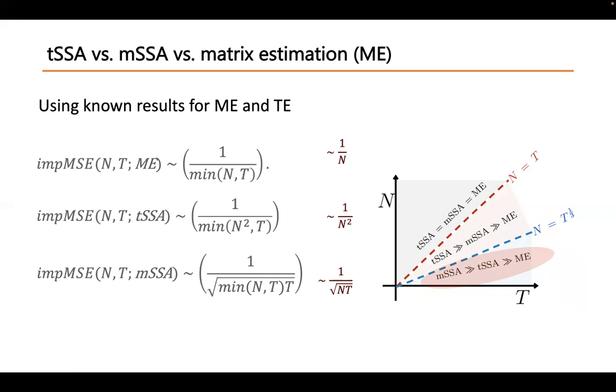And matrix estimation, where you just do matrix completion or matrix estimation on the original time series of data, will have a rate of 1 over N. Now, if N is a lot larger than T, then actually they all give you the same theoretical rate, 1 over T. And in this middle regime, where N is between T to the cube and T, TSSA actually does the best. That's where TSSA gets a rate of 1 over min of N squared and T, and that's better than the other rates.